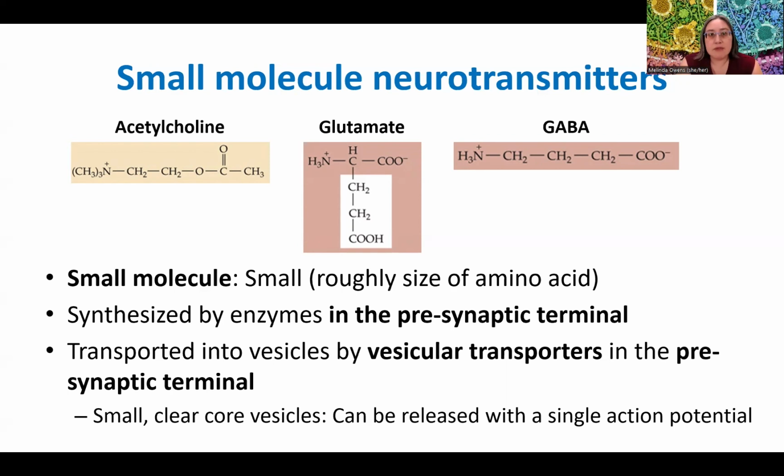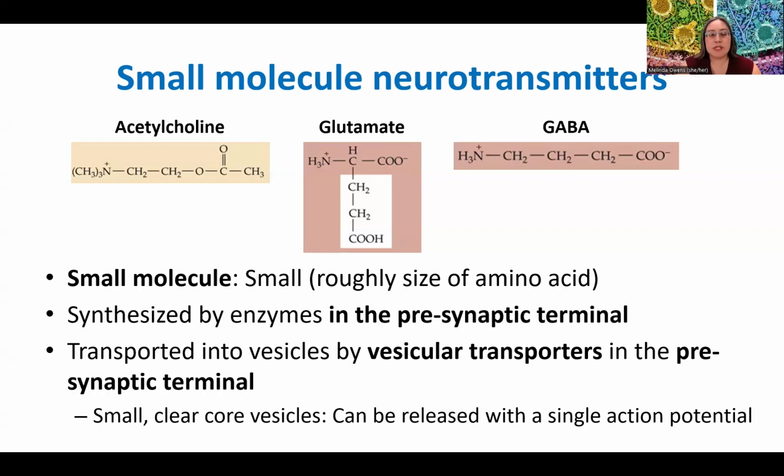These vesicles are made by the vesicle recycling process that we described earlier. The vesicles that have these are small clear core vesicles, and they can be released with a single action potential because they are part of the pool that is ready to be released, the readily releasable pool.